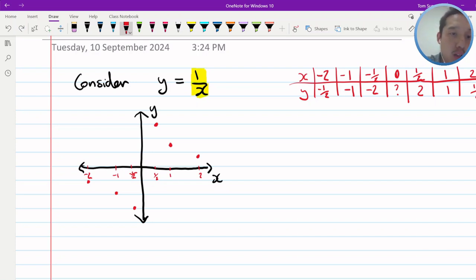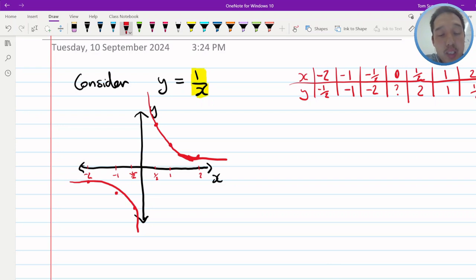So what you end up with actually looks something like this. Here's your graph, and here's your graph down here. As x gets closer and closer to 0, the graph shoots towards infinity if we're on the positive end, or negative infinity if we're on the negative end.